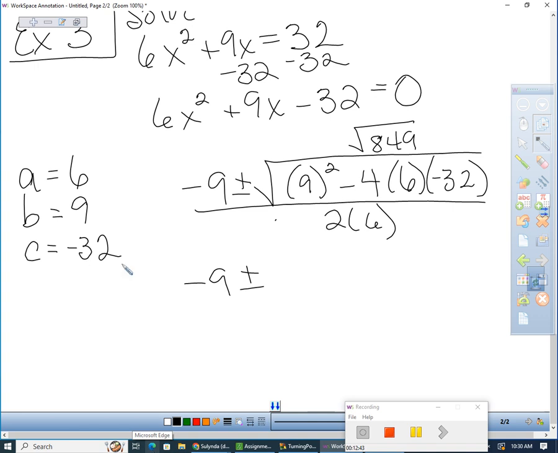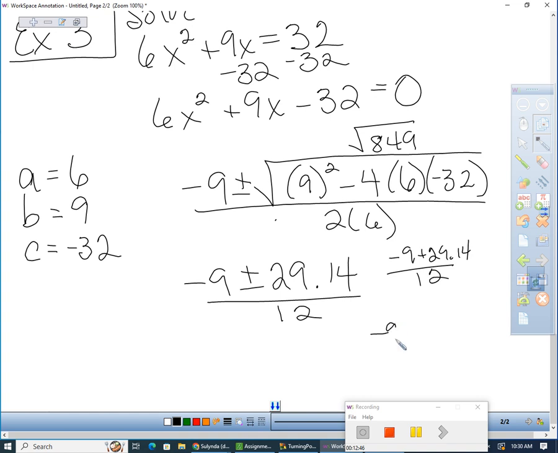All right, so we're going to go 29.14 divided by 12. So we technically have negative 9 plus 29.14 divided by 12, and we have negative 9 minus 29.14 divided by 12.